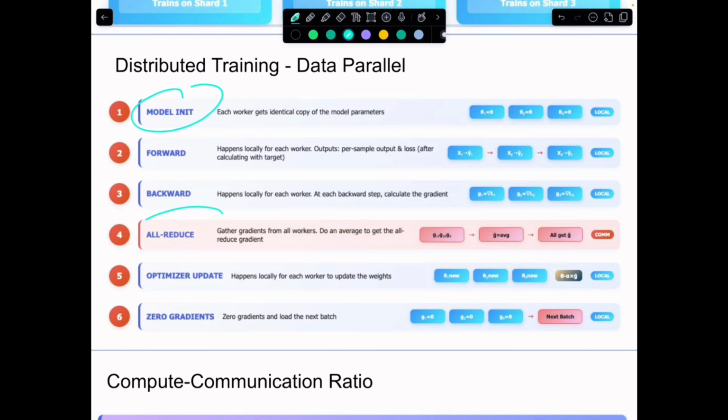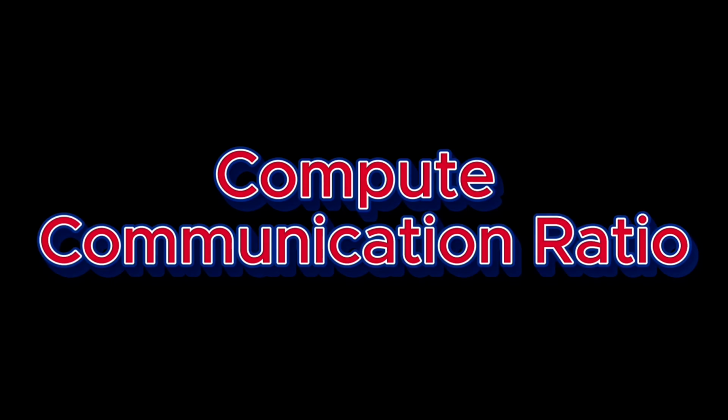That's when you do this all-reduce work. It's quite important so that you gather the gradients from all the workers and make sure they're in sync. With this, you average all the gradients, making sure that each machine is updated using the same gradients. Next is further computation with the optimizer update, and then after that you do zero gradients.